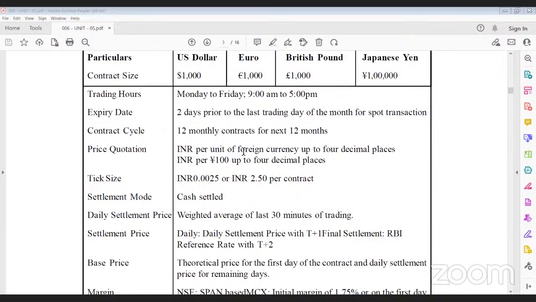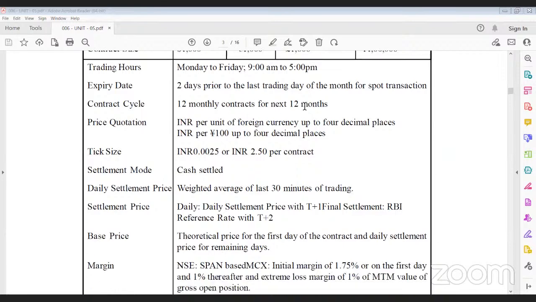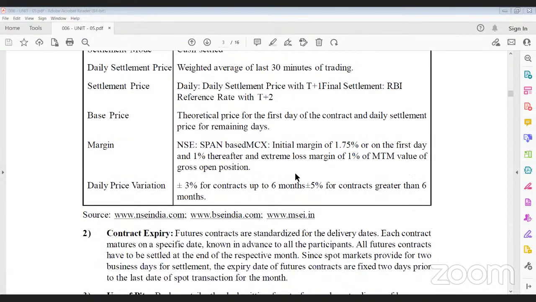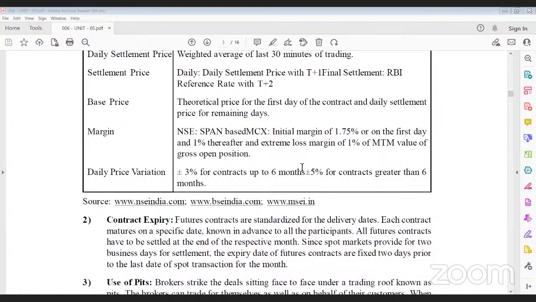Tick size, settlement mode is cash settlement, daily settlement price is 30 minutes weighted average method. Then we have base price as the first day of the contract and daily settlement price remaining. Margin price is given. Daily price variation is given, which is plus or minus 3% per contract up to 6 months. And if it is greater than 6 months, plus or minus 5%.